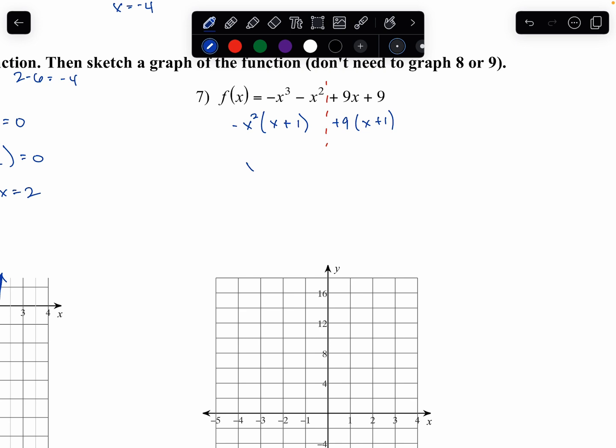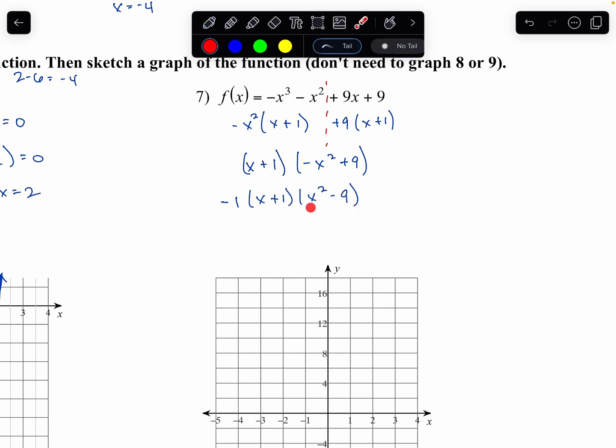Okay, so I see both sides have an x plus 1, and then I'll be left with negative x squared plus 9. Now, I don't like it when my leading term is negative, so I'm going to take out a negative 1. So I'm going to make it negative 1, x plus 1, and that becomes x squared minus 9.